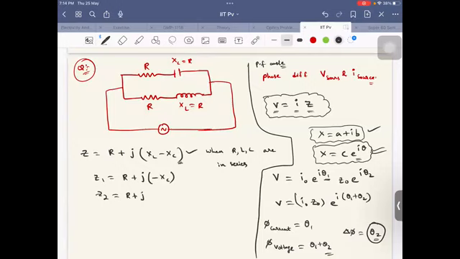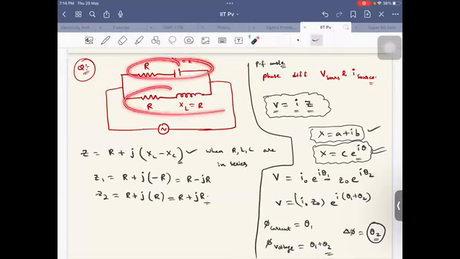So XC is R only, right? So Z1 is R minus JR, and Z2 is R plus JR. So now, these two impedances, how are they connected?